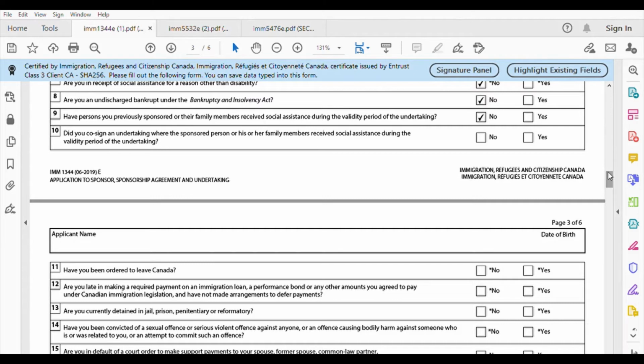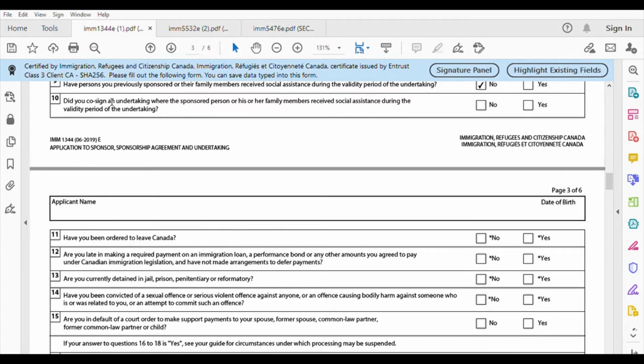So for example, in common law partnership, it's 3 years. So within those 3 years, the sponsor is responsible for the principal applicant financially, and the principal applicant doesn't have to request any financial assistance from the Canadian government.